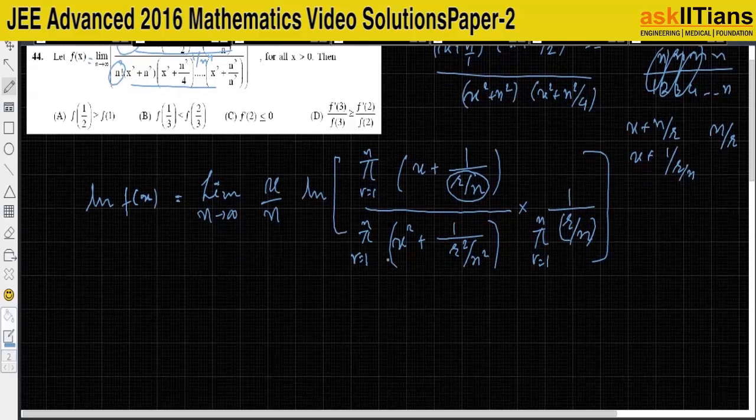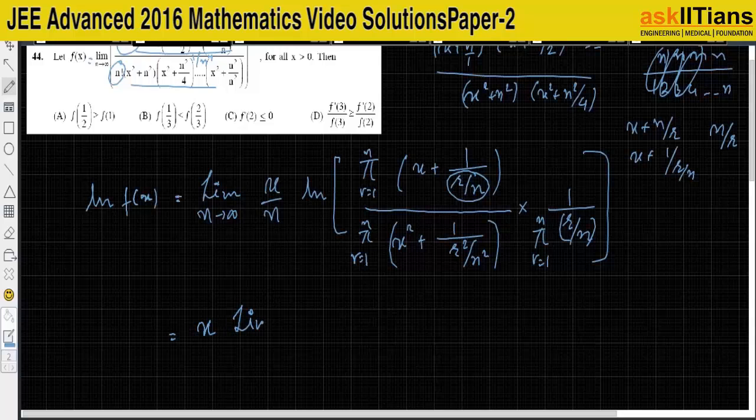So if I take ln, it will get converted to sigma. Okay, so this quantity will become something like this. x is constant, so I can take it outside. So I'll get limit n tending to infinity 1 by n. This will be ln. Now if I apply sigma notation, I can write this as sigma r going from 1 to n, and I'll get ln of the general term.